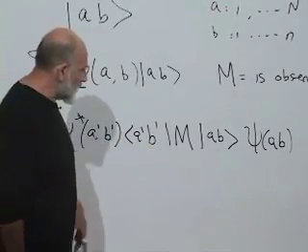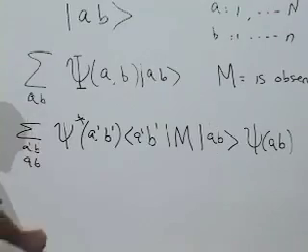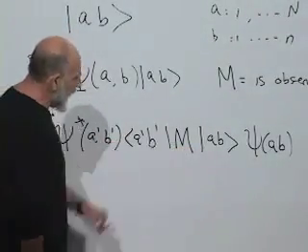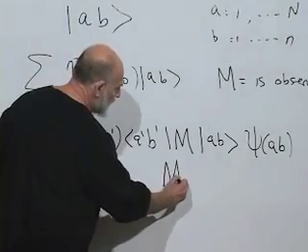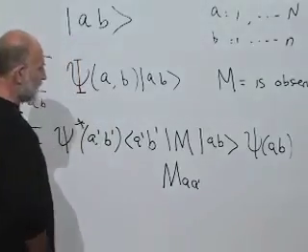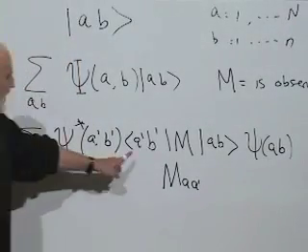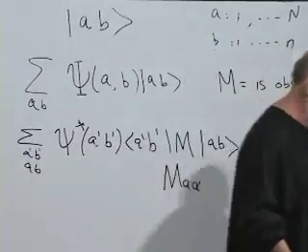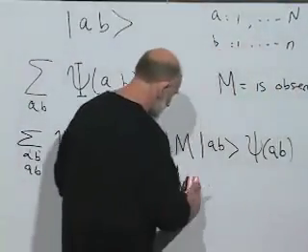All right. So let me show you what the right idea is now. B and B prime have to be the same, and M is really just a matrix in the A space. It's a matrix with matrix elements A and A prime. I think I want to write them this way.